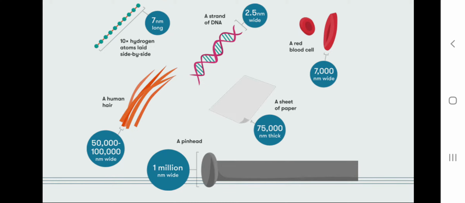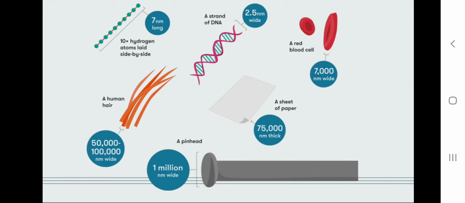Suppose we take 10 hydrogen atoms laid side by side. It has a length of about 7 nanometer, and a strand of DNA has a width of 2.5 nanometer, and a red blood cell is typically 7,000 nanometer wide.